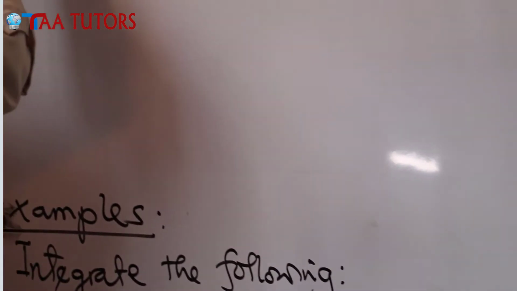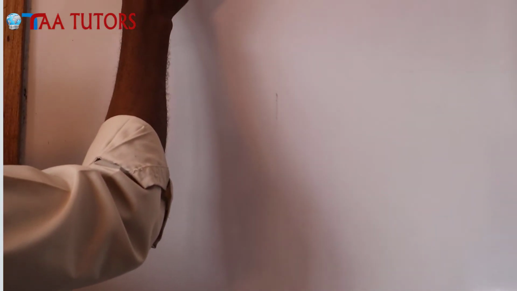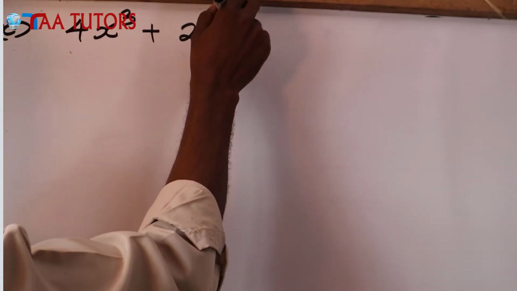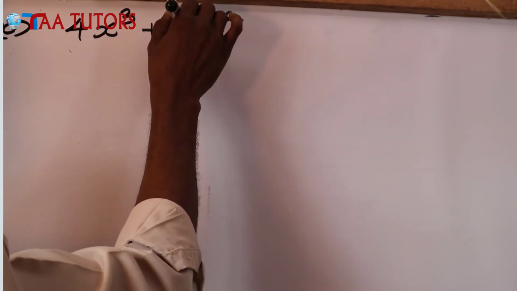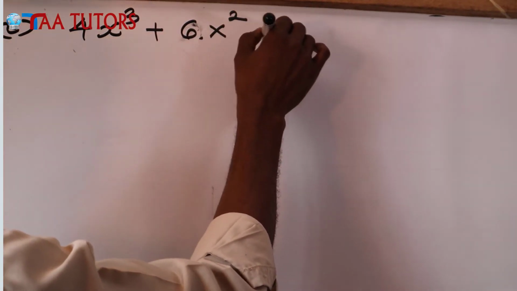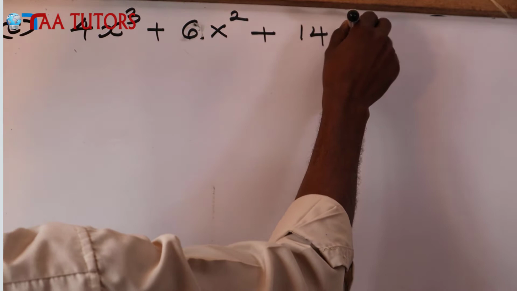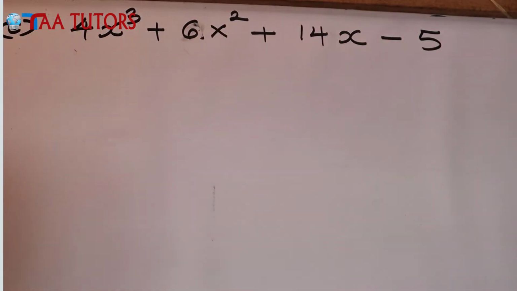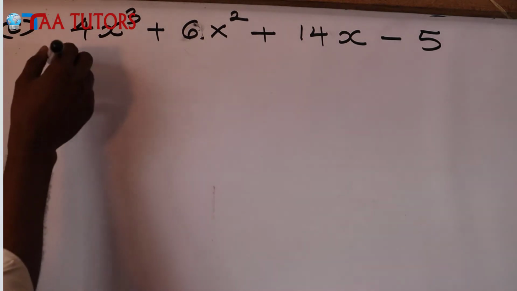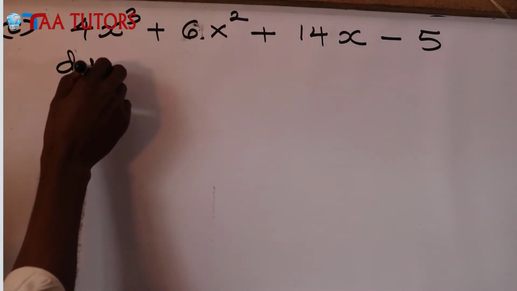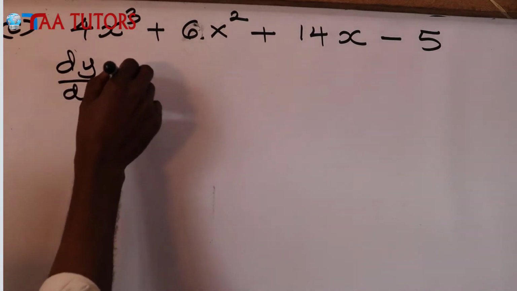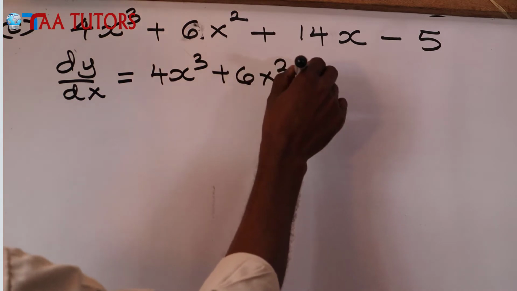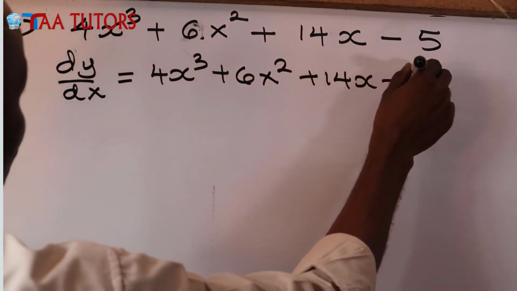So this is c: 4x cubed plus 6x squared plus 14x minus 5. Assuming we have to integrate this one, the first thing we do is to say this is dy/dx, equals 4x cubed plus 6x squared plus 14x minus 5.